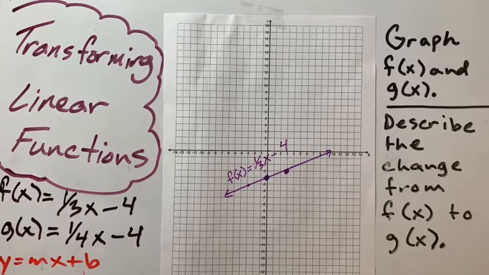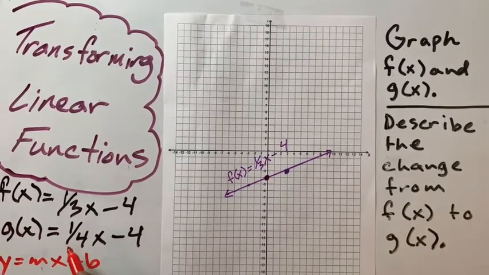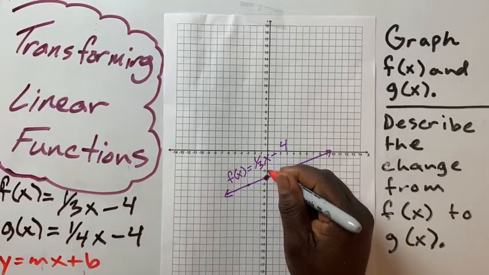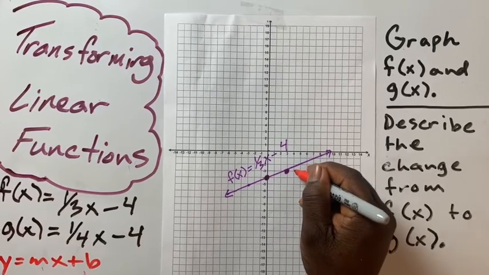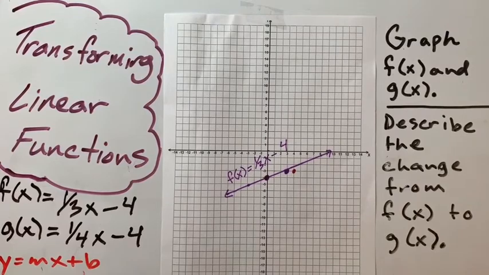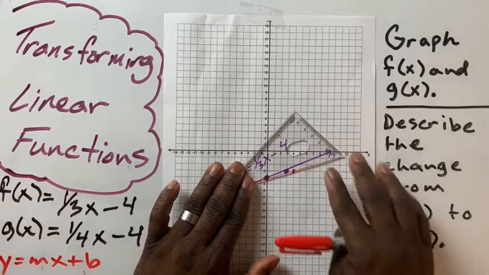So again, the y-intercept is -4, so it's the same thing right here. And then the slope is 1/4. Rise is 1 and run is 4. So I'm going to rise 1 and run 1, 2, 3, 4. Okay? All right, so let's get that line drawn.